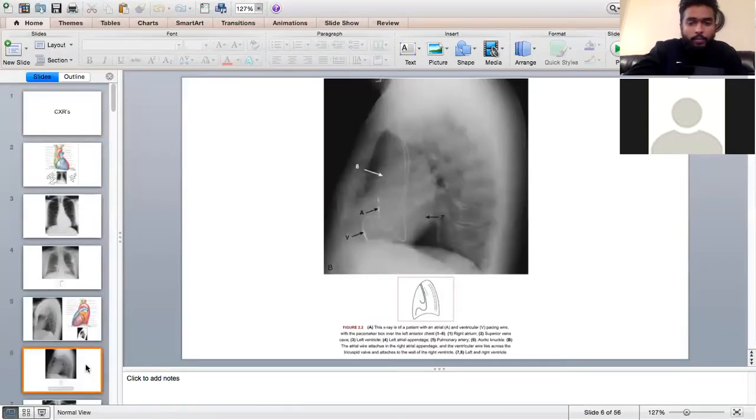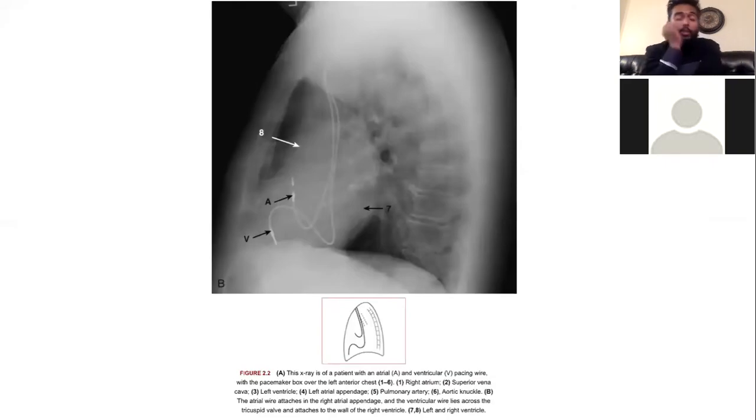All right. So like I said before, on the lateral view, the anterior border is mostly made out of the right ventricle, and the posterior border is made out of mostly left ventricle, right? So if it's up here and down, that's mostly going to be right ventricle.